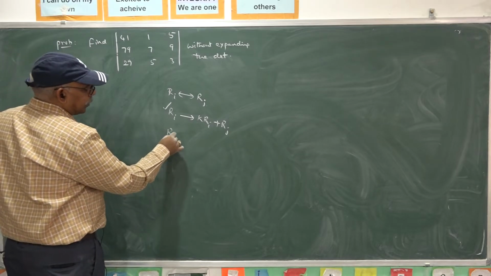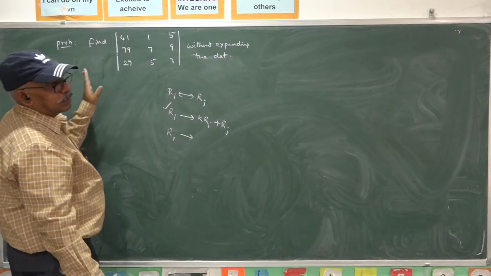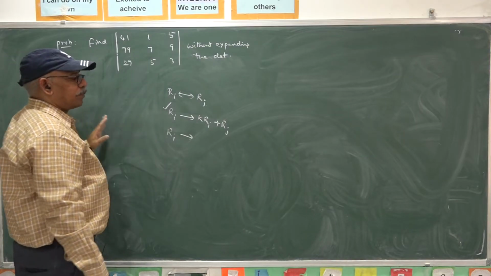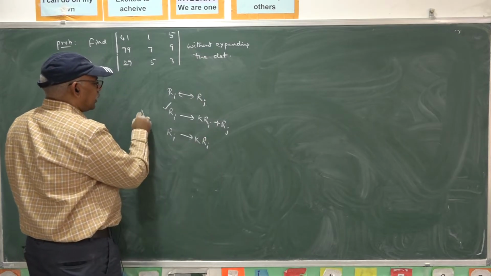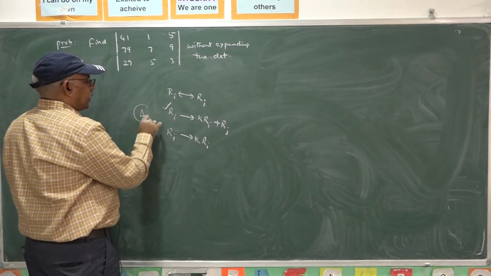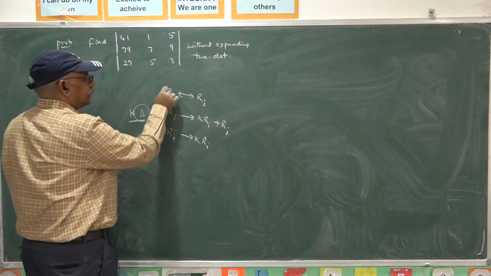And you can multiply the elements of a row or column with a constant, so that the total determinant takes the value k times the original value.